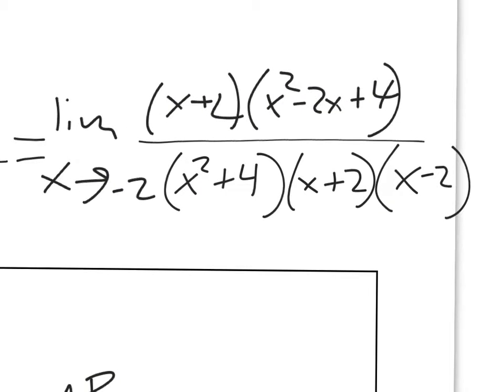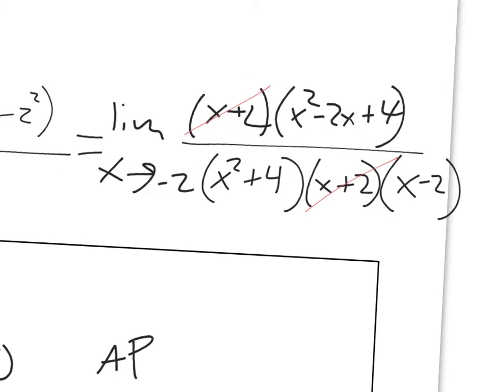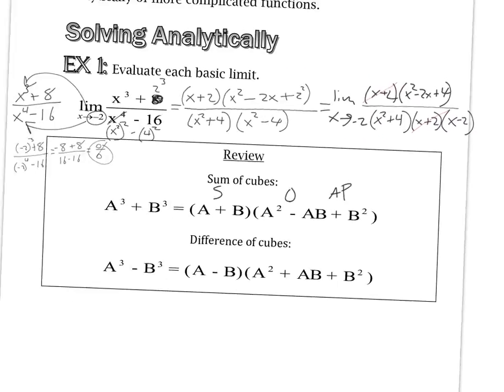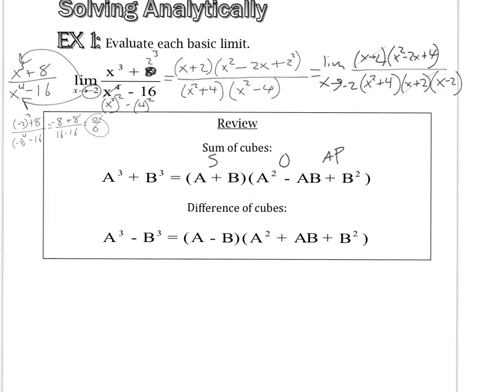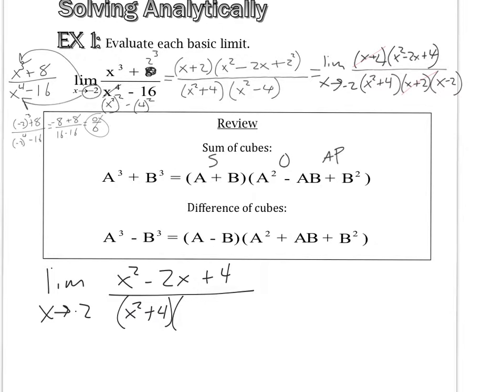So let's go on to where we have this thing all the way factored. You'll notice now that the x plus 2 and the x plus 2 can cancel out. And so now we have a lot simpler function. I'm going to write it down below. Now we really just have to evaluate the limit as x approaches -2 of x squared minus 2x plus 4 over x squared plus 4 times x minus 2.